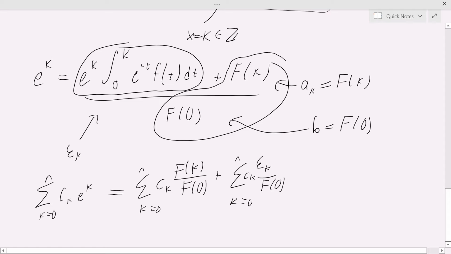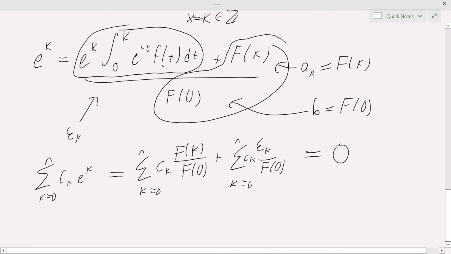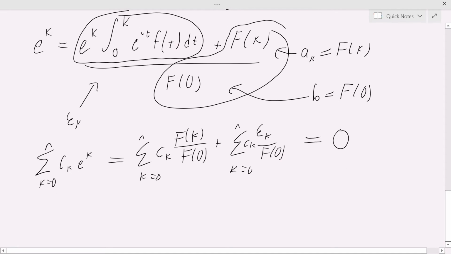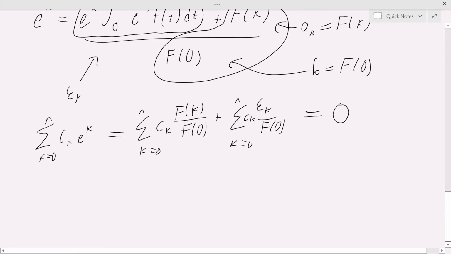Now, all of this is equal to 0, because this is the polynomial that e is supposed to be a root of. So e being algebraic would make it a root of this polynomial, and so this is 0. And if we clear out the denominators, we multiply everything by f of 0.